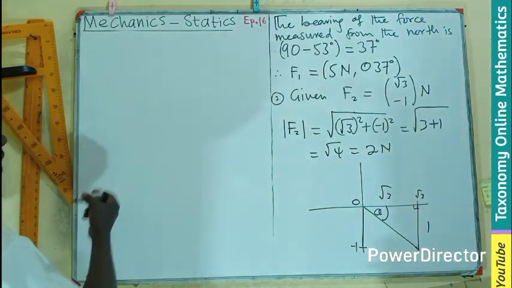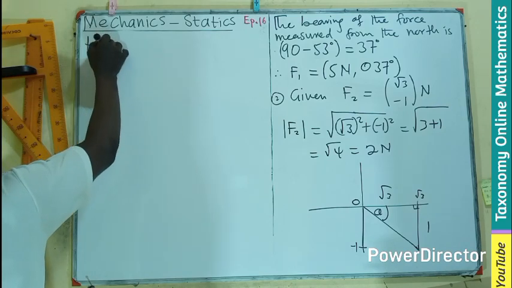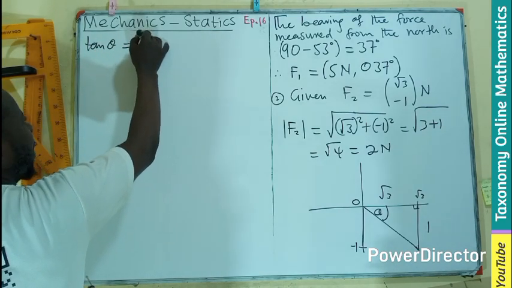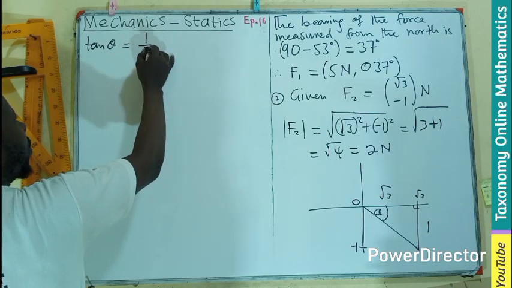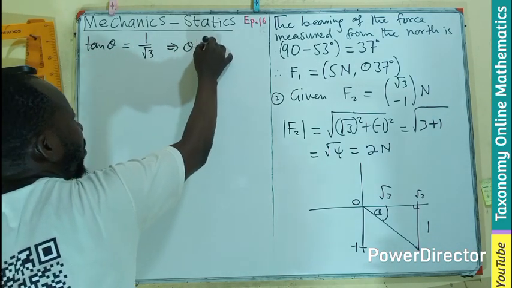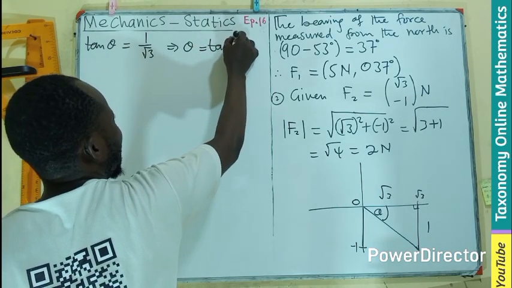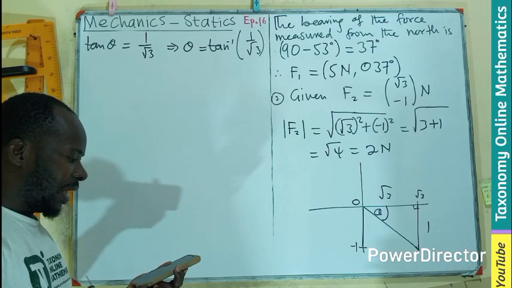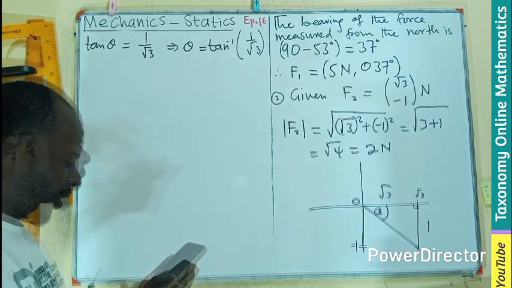So what do we do? We just have opposite over adjacent to find the angle theta. So from here, we can say that tan theta equals the opposite side, which is 1, divided by the adjacent side, which is root 3. So fast forward, theta will equal the tan inverse of 1 over root 3. Let's check that on the calculator and see.